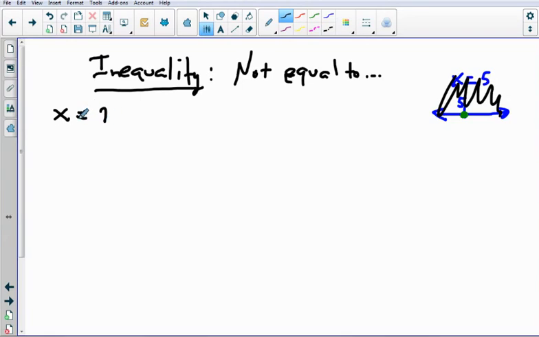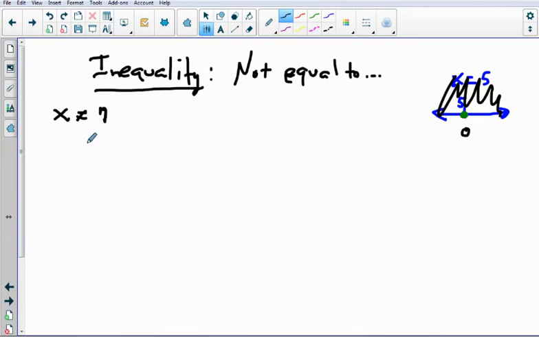Well, the first inequality is just straight not equal to. The reason I show you this is because you need to see how a not equal to is graphed. So an equal to has a solid dot, a not equal to has a hole or a circle. And we'll look at an example of that here in a moment.